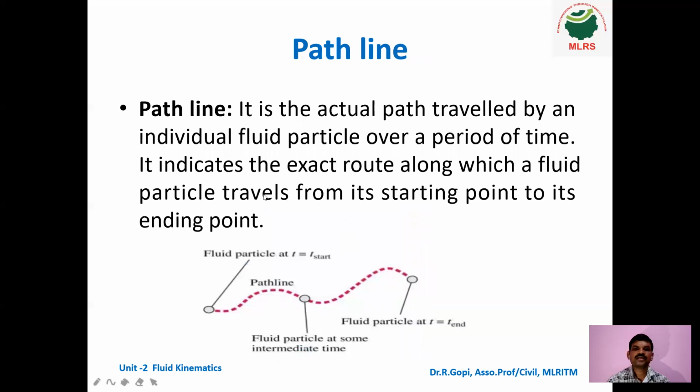Next, path line. It is the actual path traveled by an individual fluid particle over a period of time. So let us take a transparent pipe, say a glass pipe, and allow fluid in that pipe. The fluid is moving along some length of the glass pipe.